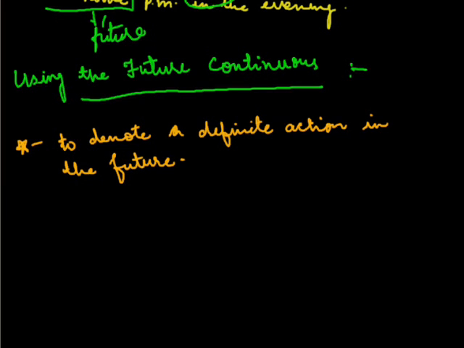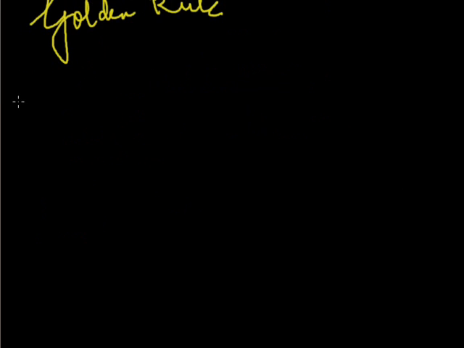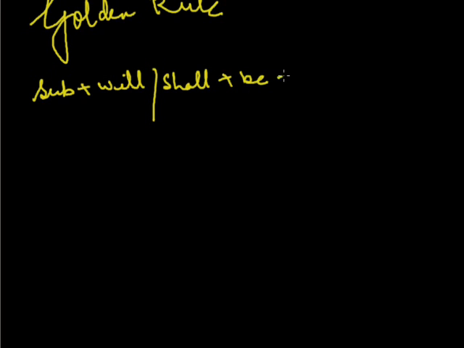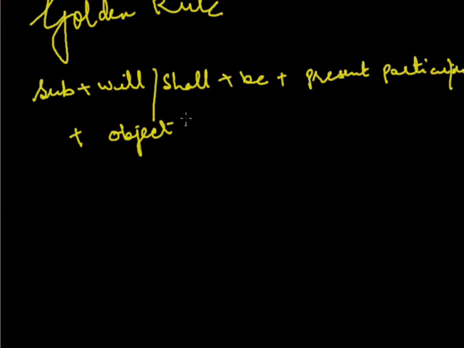Now, as usual, I want to give you golden rule about it. Golden rule is subject plus will or shall plus be plus present participle and plus object. Right?